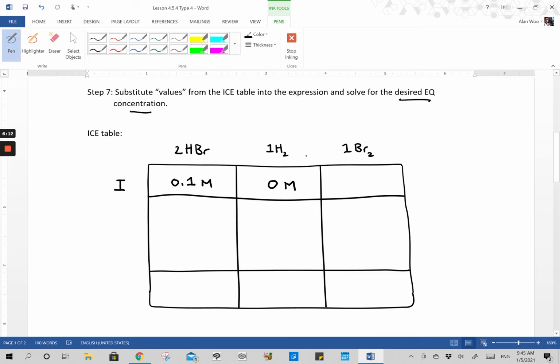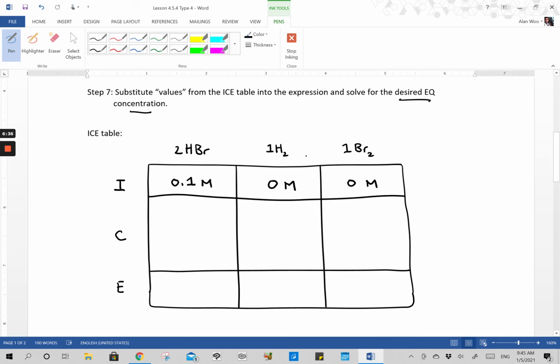So if they have not been formed, their concentration is 0 molarity. The middle row is the change, and the last one, of course, is your equilibrium concentration. So we want to figure out what these equilibrium concentrations are.